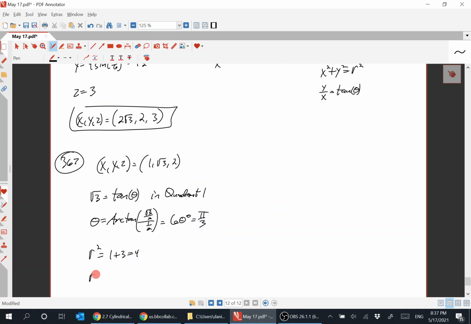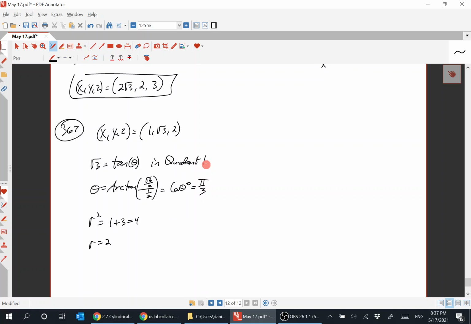So r is equal to 2. Right, so r theta z is equal to 2, pi over 3, and z is just z. It's just 2. So there's your answer there.